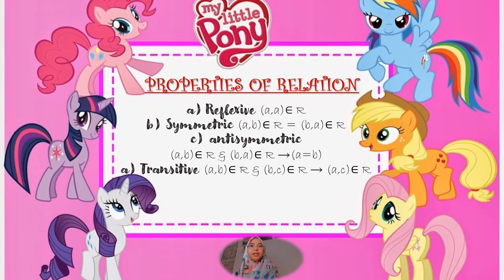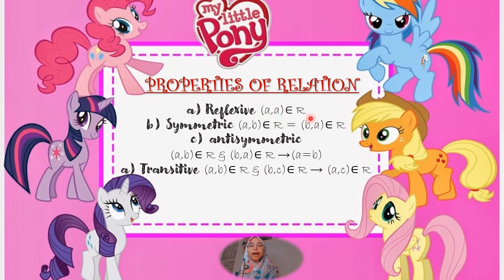Next, properties of relation. There are four properties of the relation. Okay. First, reflexive. (a, a) is an element of R, because it refers to itself.